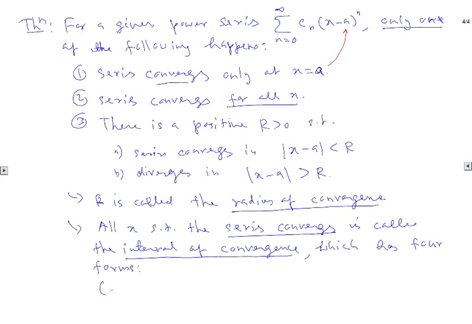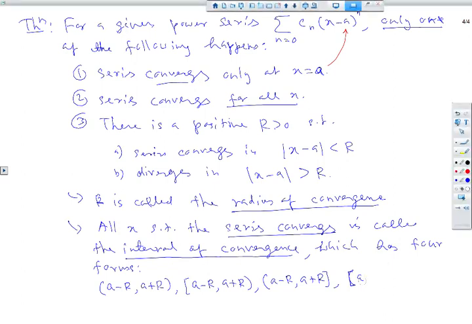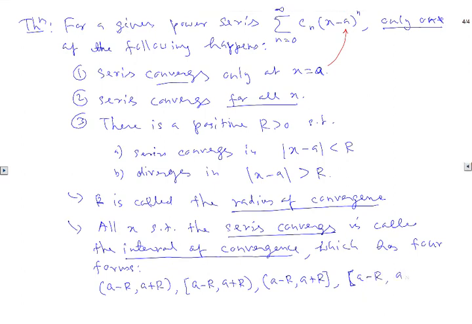It can be a minus R closed and a plus R open, or a minus R open and a plus R closed, or both corners closed, a minus R and a plus R, or both open.